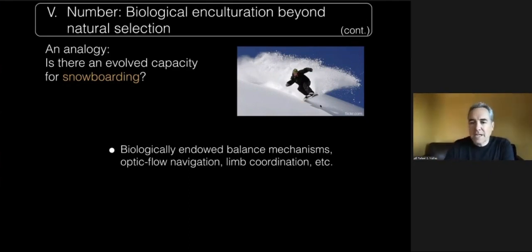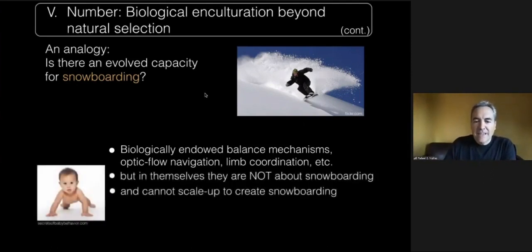And in that case, I would not disagree with many of the scholars who say, yeah, numbers are rooted in the biology. Yes, snowboarding is also rooted in the biology of our species. But these biologically endowed mechanisms are not in themselves about snowboarding.